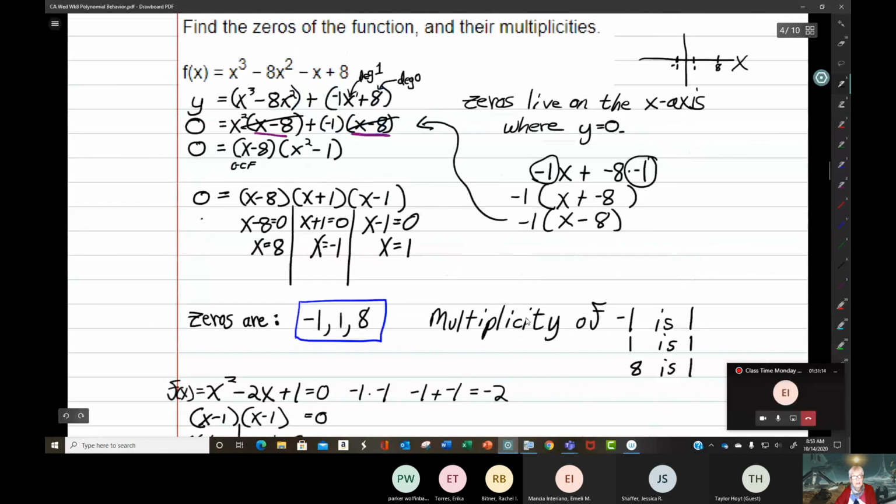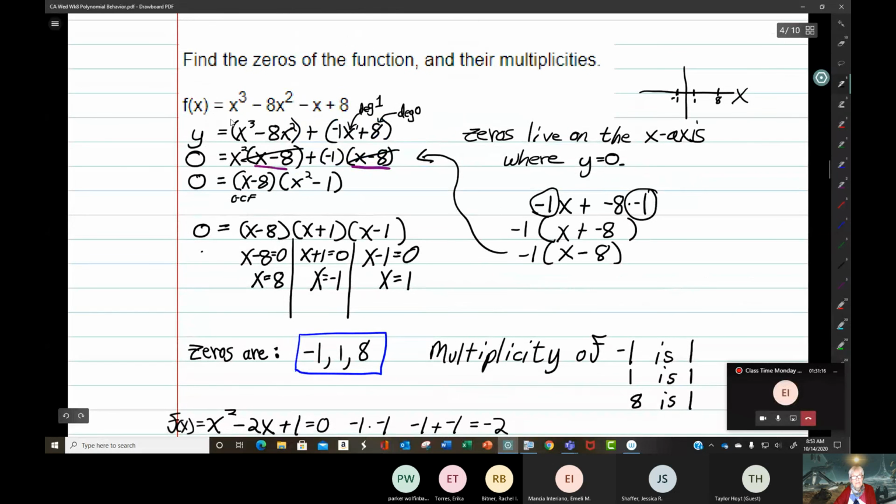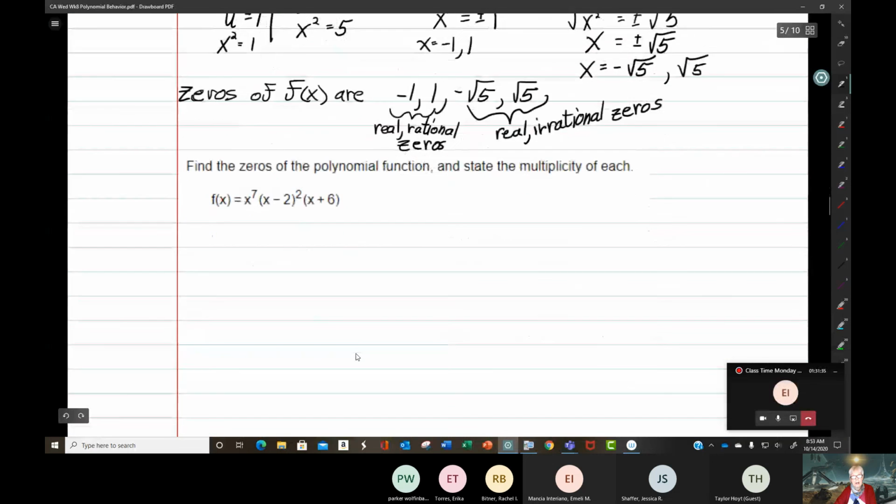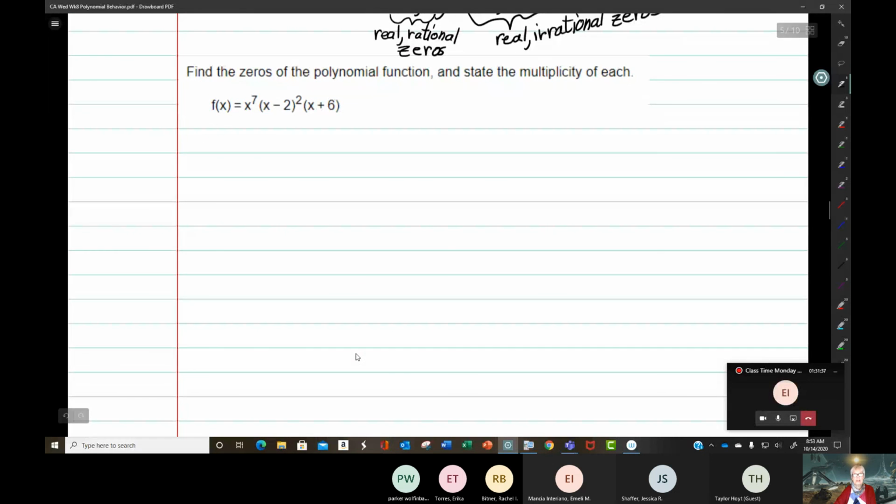Now up here, f of x is a 3rd degree polynomial. Notice it has 1, 2, 3 zeros. We're going to be talking more about that as well. Right now, today, we have one more problem to talk about. This one.